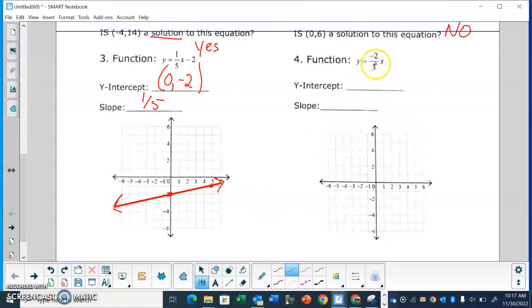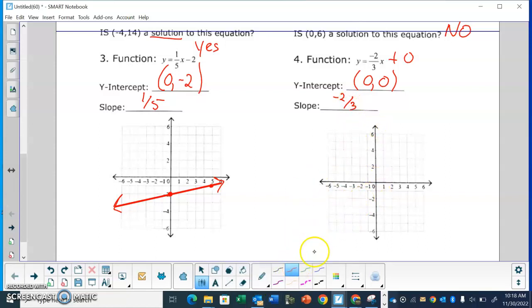Okay, so let's check this one out. Number 4, there's nothing added on, so it really is plus 0. So my y-intercept is at (0, 0). My slope is down 2, to the right 3.